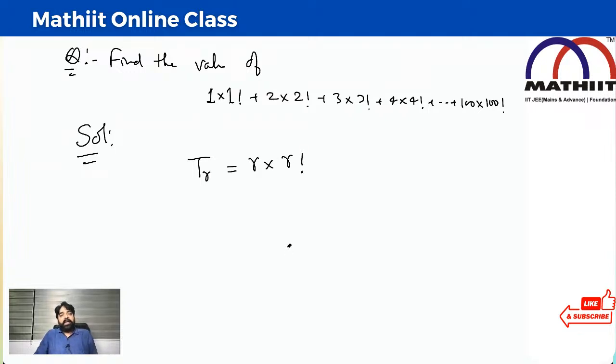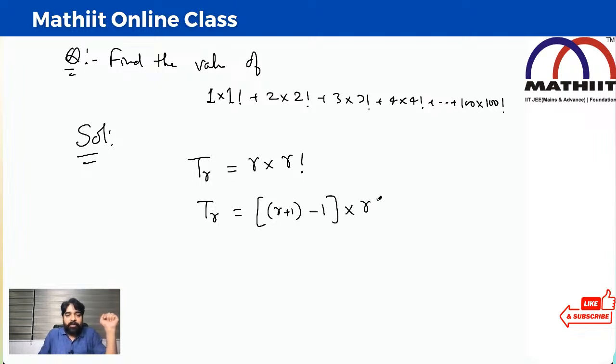Okay. Whenever any series is coming and it's not AP, GP or something, always do it by the difference method. What is the meaning? I will tell you. Tr we can write this way: r plus 1 minus 1 into r factorial. By r we can write r plus 1 minus 1. Tr I can write as r plus 1 into r factorial minus r factorial.